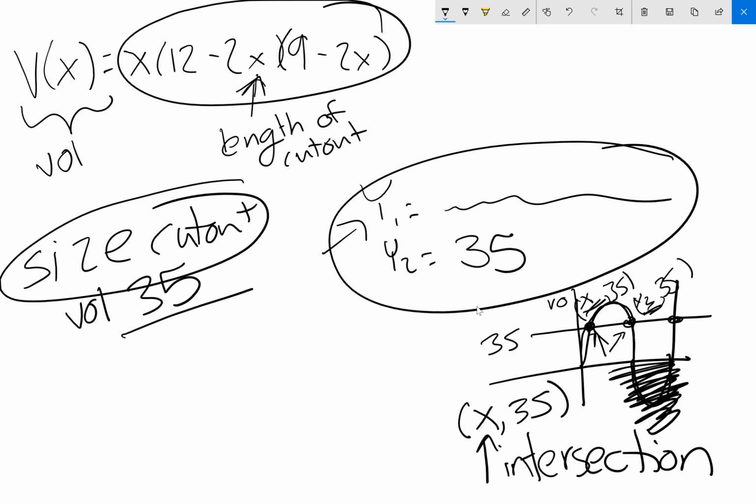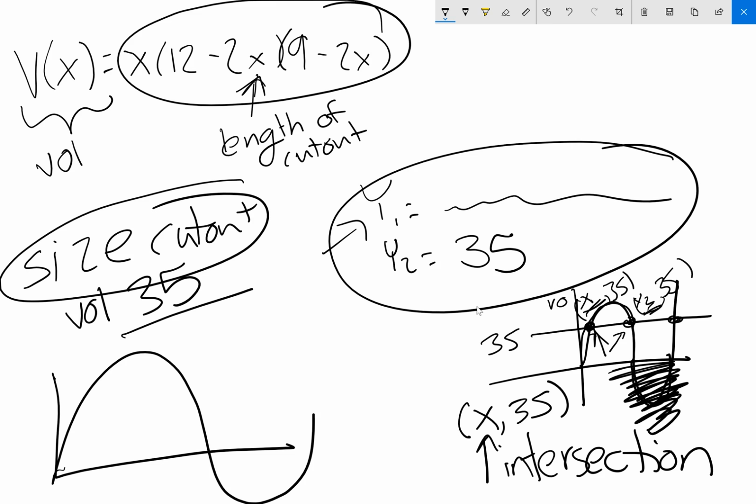It says find the maximum volume and the length of the cutout that produces the maximum volume. So we have this again. We're going to use the maximum function on the calculator. It'll give us a point with an x and a y.